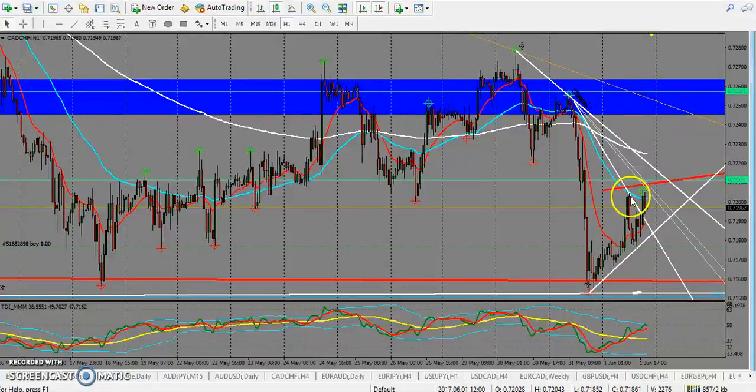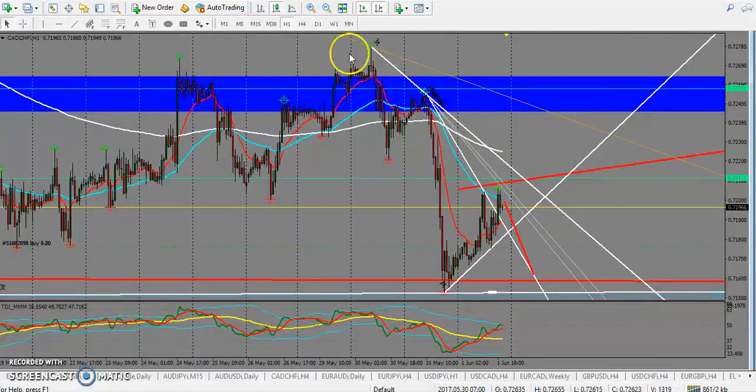And at this point, it could be forming an M just to bounce down. Remember, there are chances that it could actually go up.